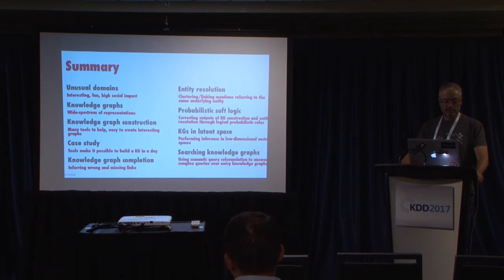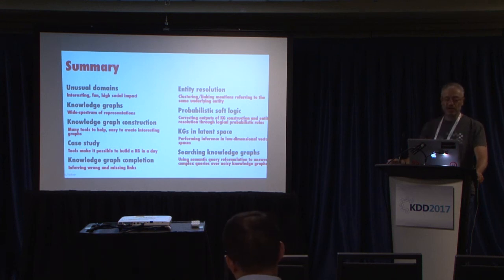So our high-level bit is about unusual domains and the fun it is to work on them, the enormous social impact that they can have, in large part because they are mostly unexplored, and so any progress is a lot of progress, and they're very interesting.